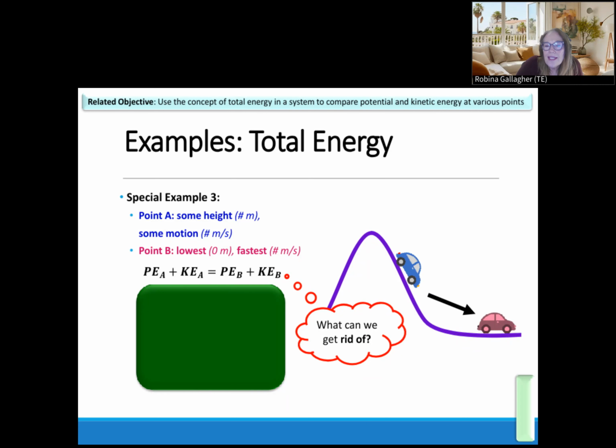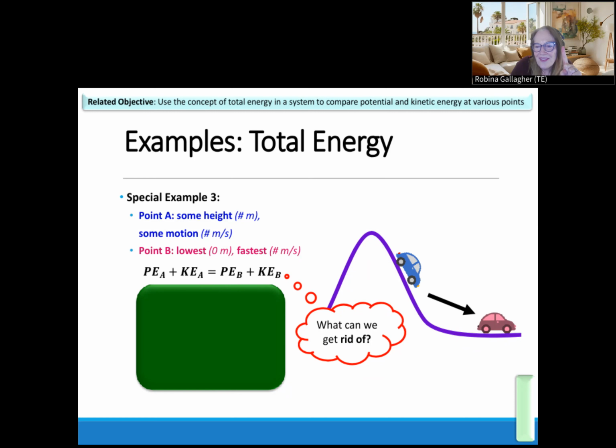So with example number 3, we have a car in the middle of the hill. If it's in the middle of the hill, we know it has potential energy and kinetic energy. This time point B is going to be at the bottom of the hill. At the bottom of the hill, does it still have potential energy or no? Tell me in the chat box, yes or no? No. You guys agree with Kira?